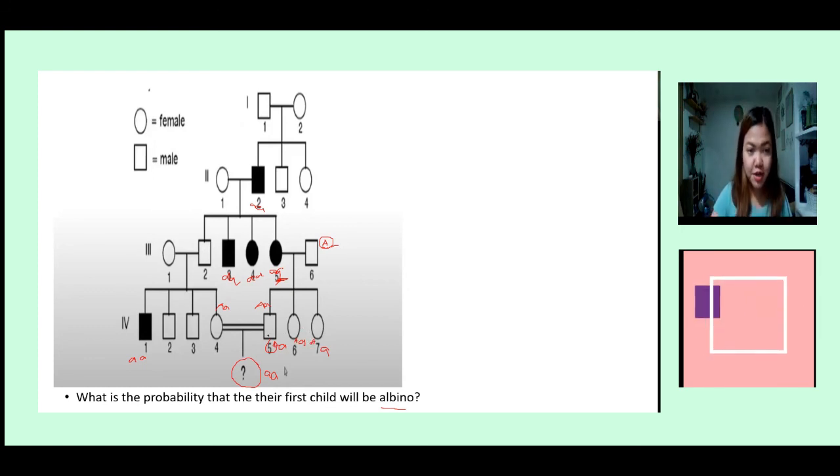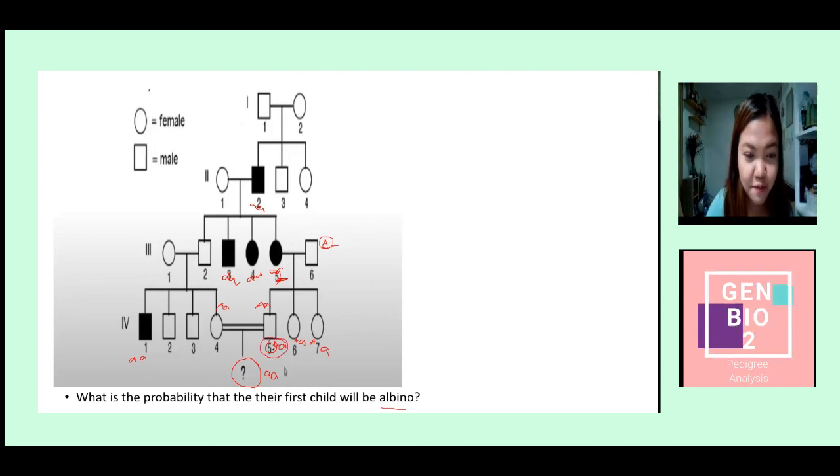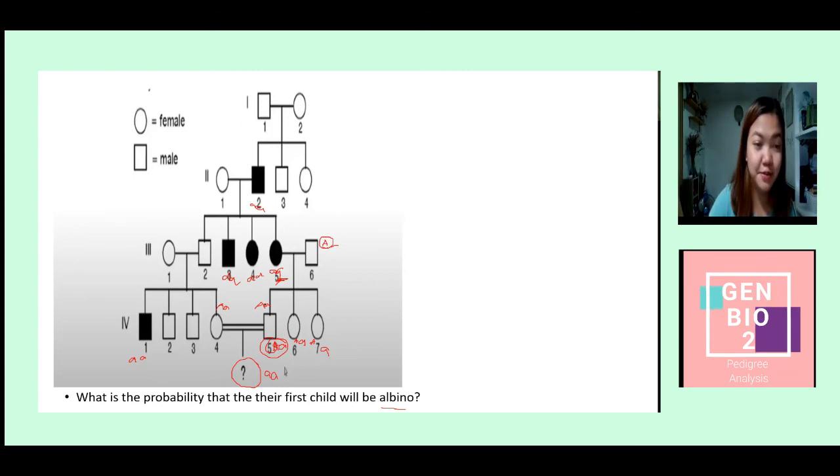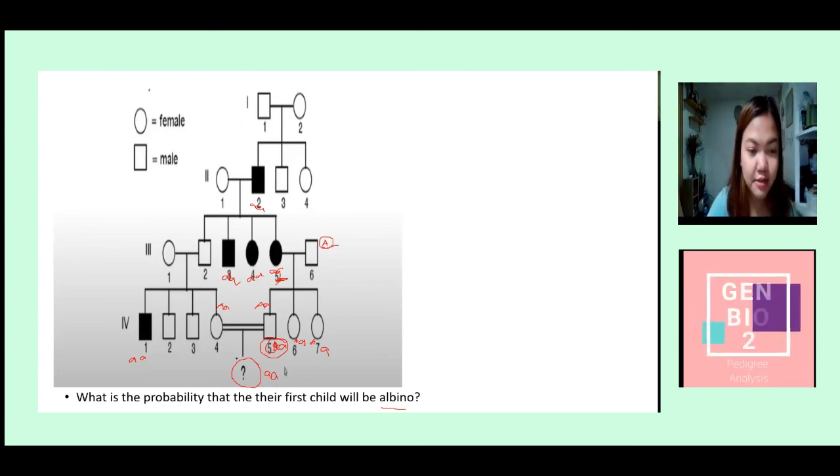So, we can be sure na one of the parent is affected if it's a recessive. Sabihin, yung offspring niya is hetero. So, yeah. Hetero. So, yung number 5, we're sure na the probability of number 5 to be hetero is 1. That's 100%.